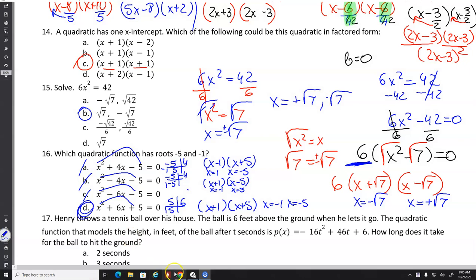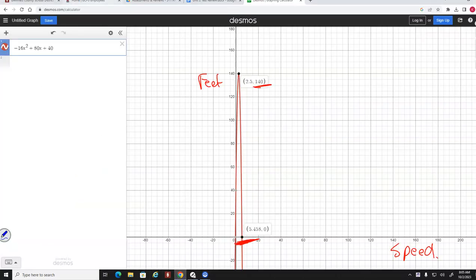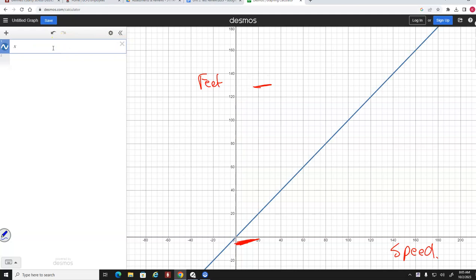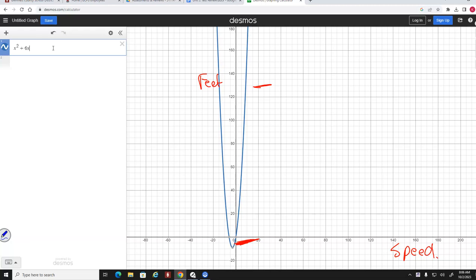But again, if I were you guys, I would simply plug it in. So this was x squared plus 6x, plus 5.